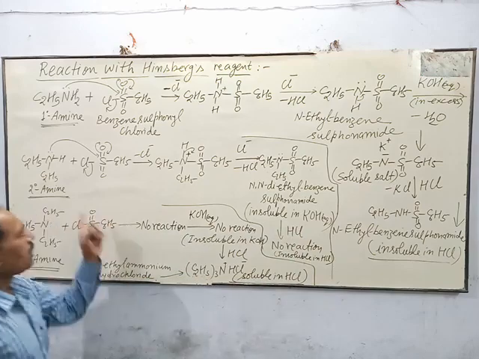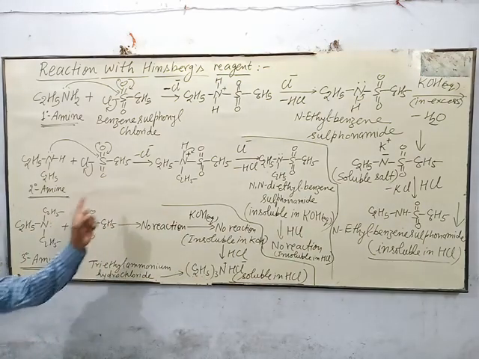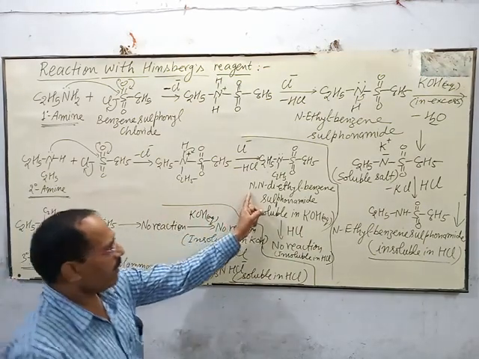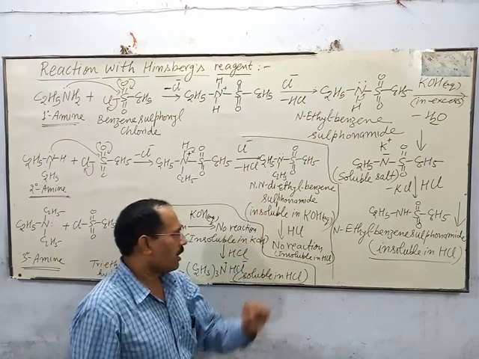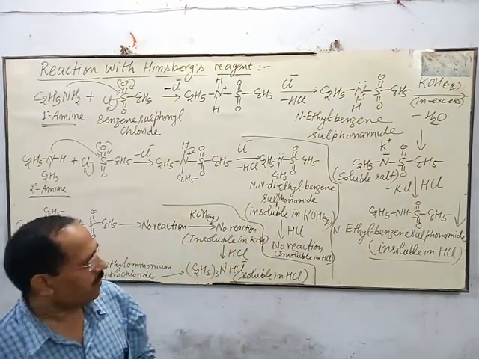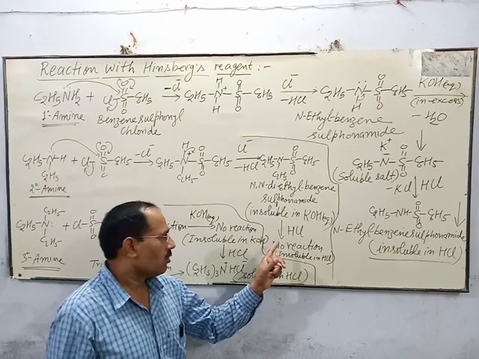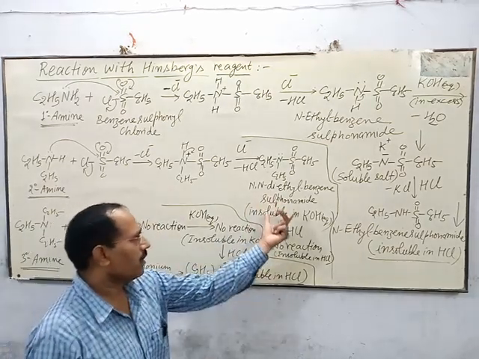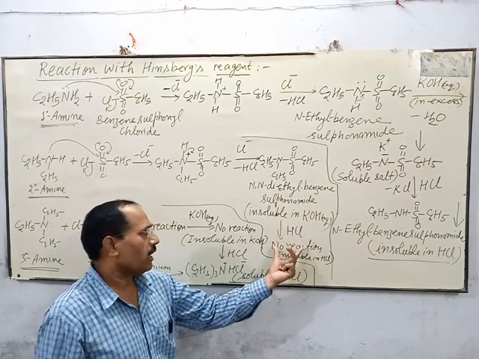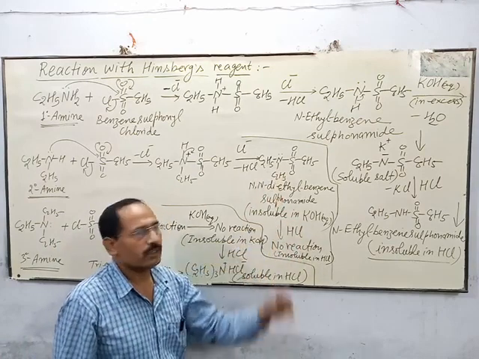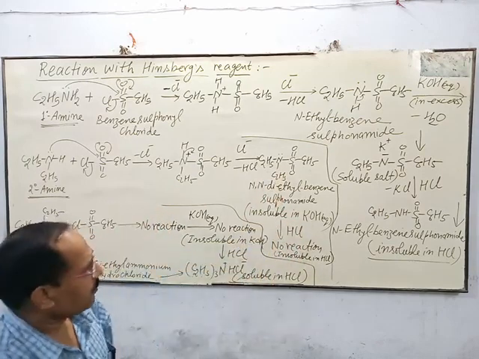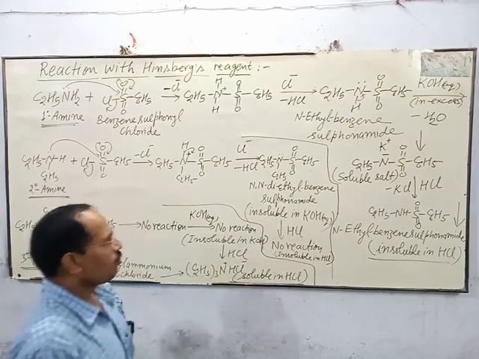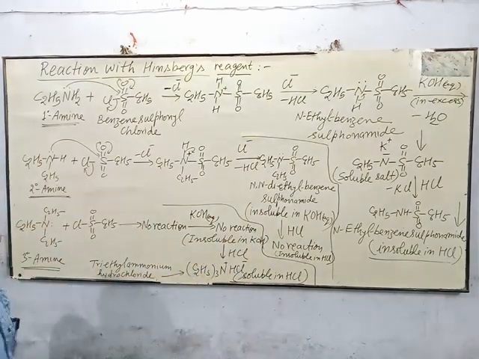Means in case of secondary amine, N,N-dialkyl benzene sulfonamide is formed, which is insoluble in KOH or HCl. In both the cases, means in alkali as well as in acid, this remains insoluble. Means a precipitate is obtained in aqueous KOH or aqueous NaOH in case of secondary amine.